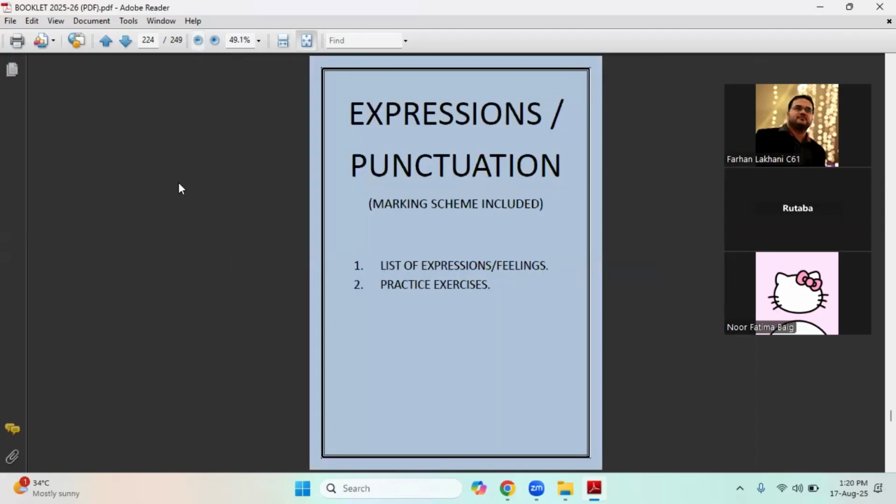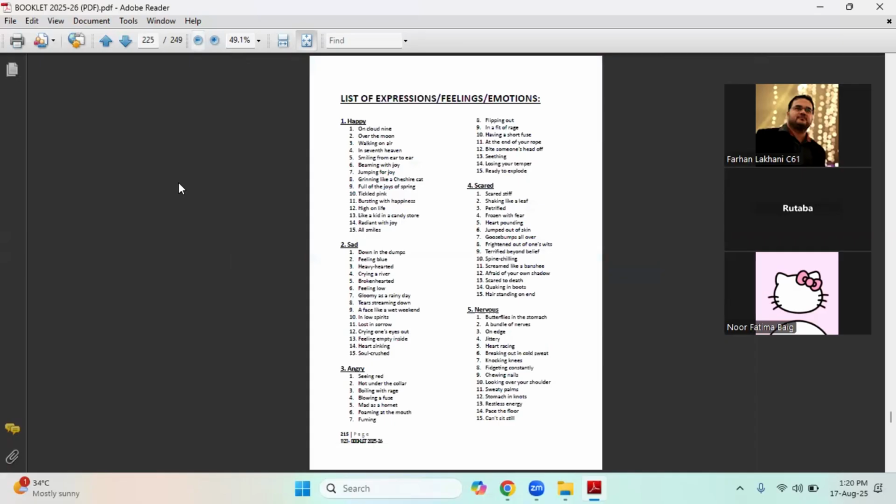And then the expressions and punctuation. You need to go through all the expression lists. Remember in the very first class, I actually emphasized improving your vocabulary and expressions. Instead of the word happy, you can use all these words. This is the advanced expressions and vocabulary list.